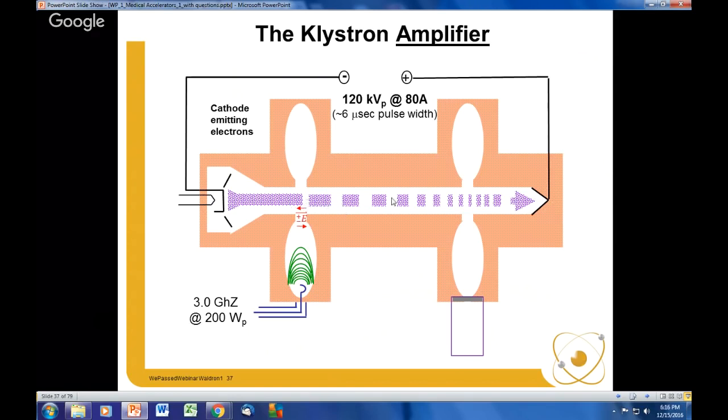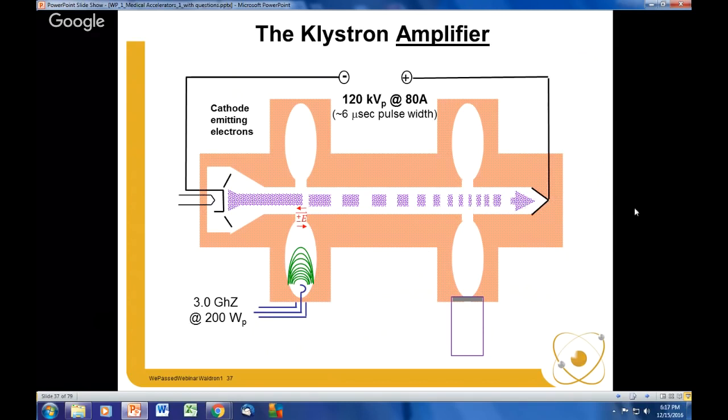So instead of a continuous stream of electrons, now I have a stream of electrons whose density is varying as a function of this 3 gigahertz entering the bunching cavity. This contraction of the bunching will increase as we get farther and farther from this point, until it hits a critical point where things are maximally bunched, and then they will begin spreading out again.